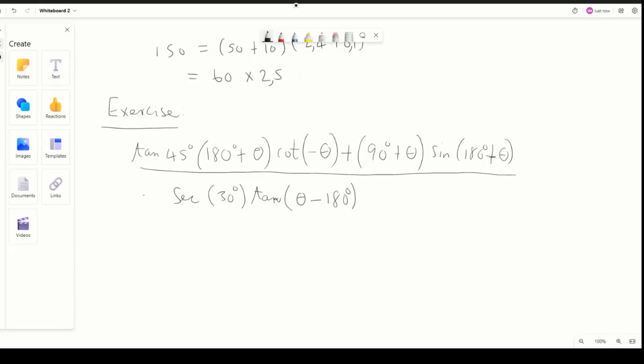Csc squared, cosec, yes, squared, in brackets 180 degrees minus theta. And then you're supposed to prove that it's equal to the square root of 3 cos theta.